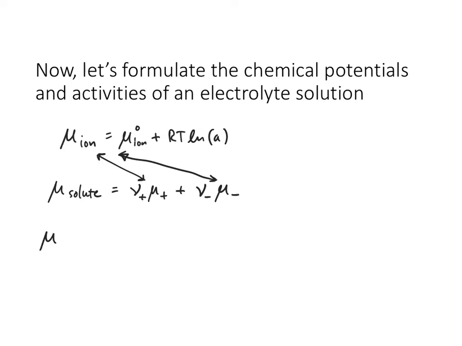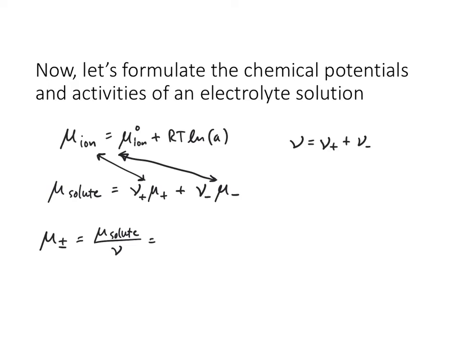And that's going to give us a new type of chemical potential, and I'll give you the name for this in just a moment, but that is going to be this mu solute divided by nu, and I'll define nu right here. This nu is the stoichiometric coefficients just added together.